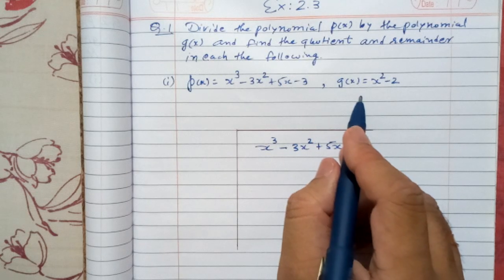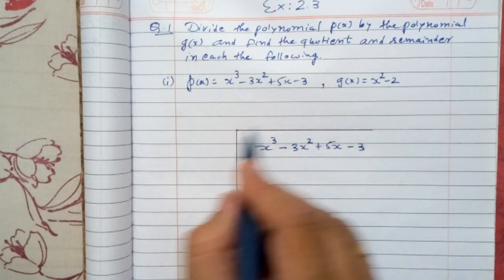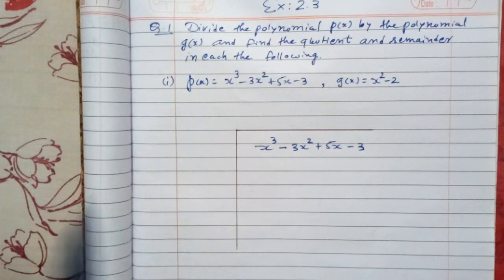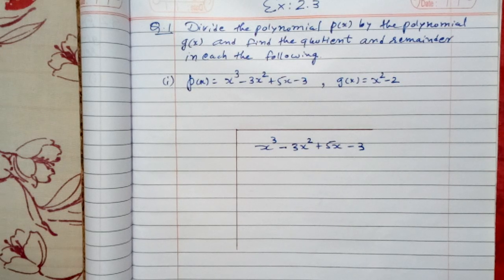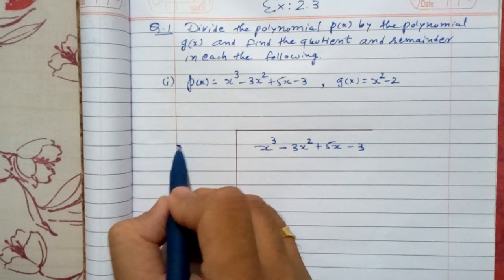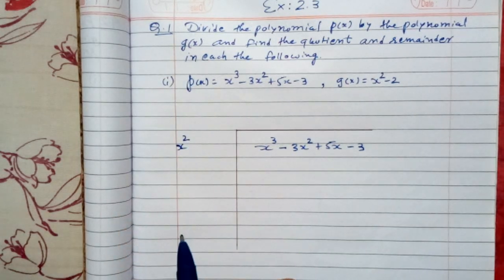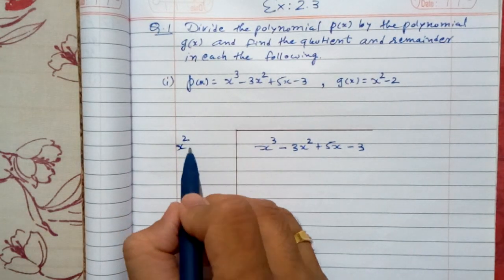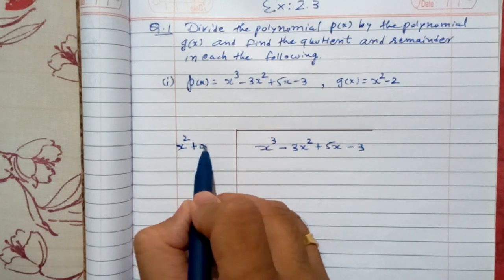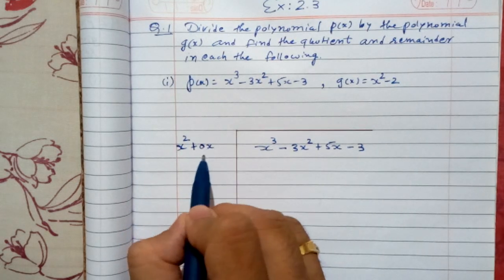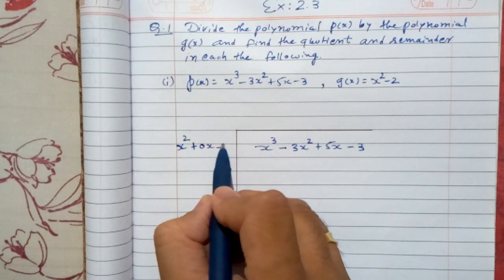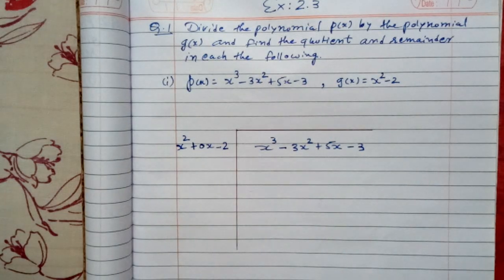The divisor by which we are dividing should be written outside and must be written in the decreasing order of the degree. So x square, it's okay, fine, but now the degree 1 term should be there, so there is none, so we have to write 0 as a coefficient into x, minus 2, that is the constant term.